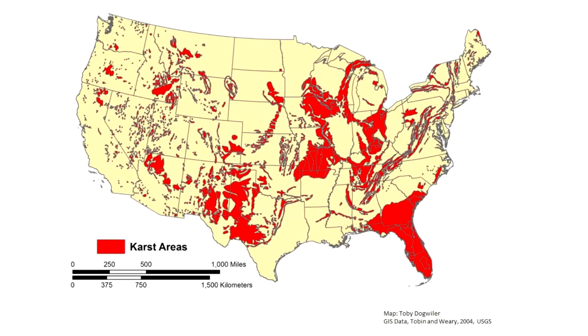But we also have springs and sinkholes, sinking streams, disappearing streams, all these different features that people are familiar with, especially if you live in the 20% or so of the continental U.S. that has karst topography, shown in red on this map.